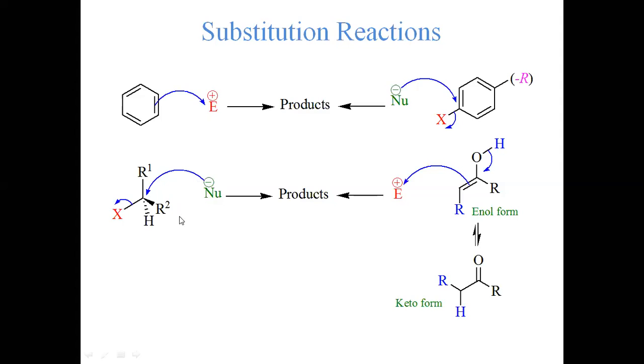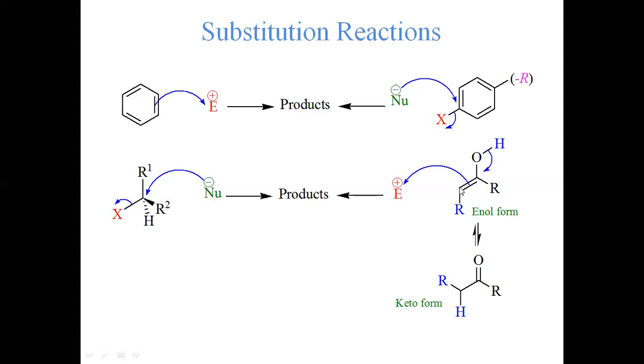How? Let's see. If we have a carbonyl compound in its keto form, it tautomerizes to its enol form, which reacts with the base to form an enolate. Just focus on this alpha carbon, not the beta carbon. This alpha carbon is now electron rich.